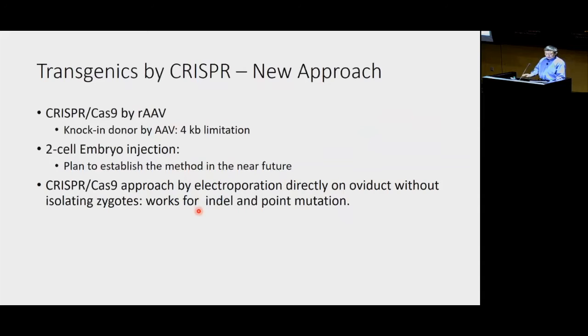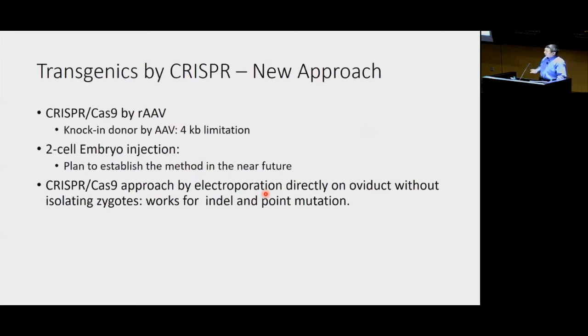There's some other new approach. It works, but I haven't done it, and actually have no plan to do it soon. That's the last one. You can electroporate your CRISPR reagent into the zygote directly in the mouse oviduct, which is where they host the mouse embryo.